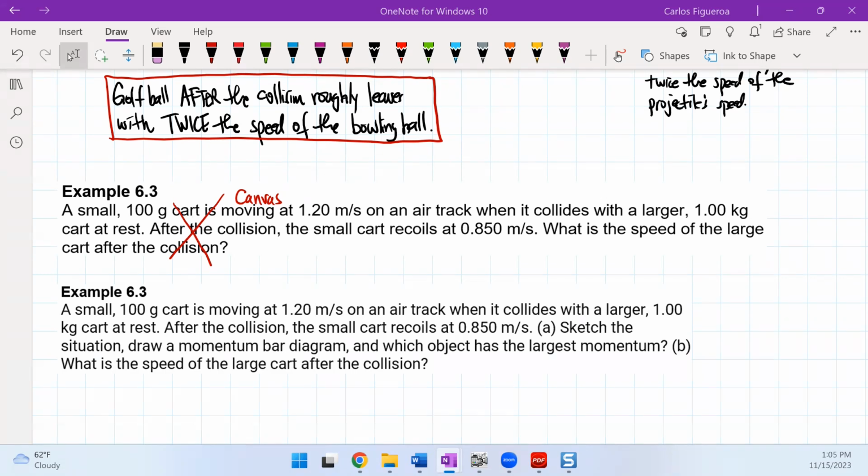A, sketch the situation, draw a momentum bar diagram in which object has the largest momentum. And then, of course, we want to verify that. And then finally, B, what is the speed of the large cart after the collision? So A has a lot of stuff on there. So let's start looking at this.